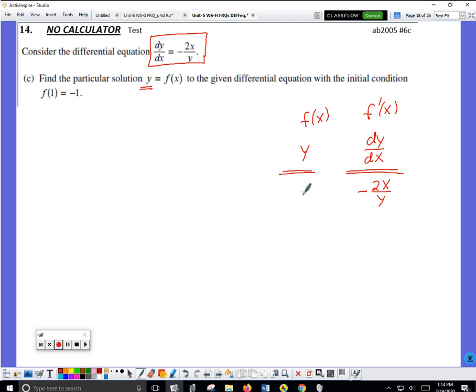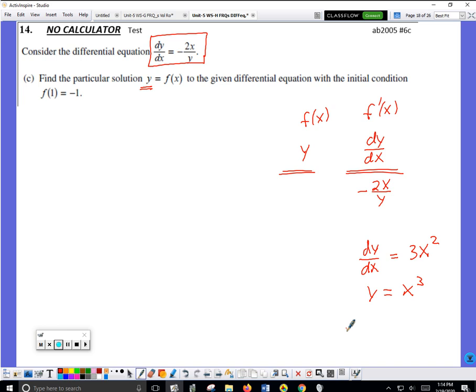Okay. Now, if they had said something like this, it's really very easy. You would simply say, oh, then y must equal x cubed. It's not hard.